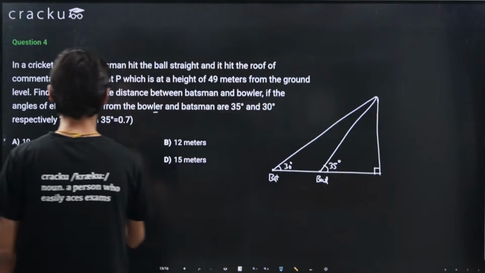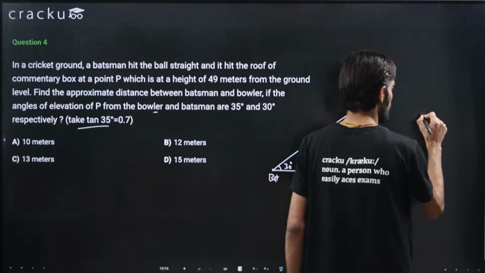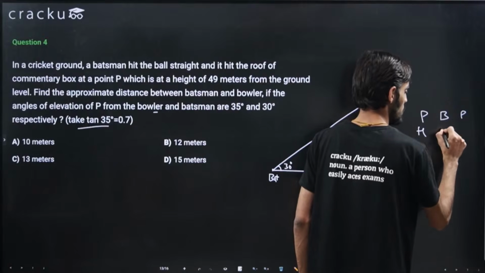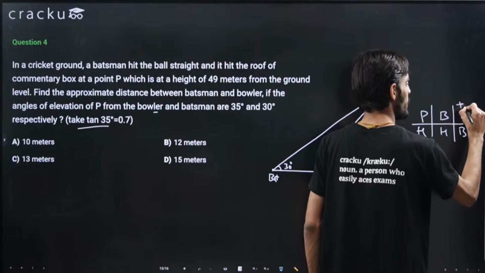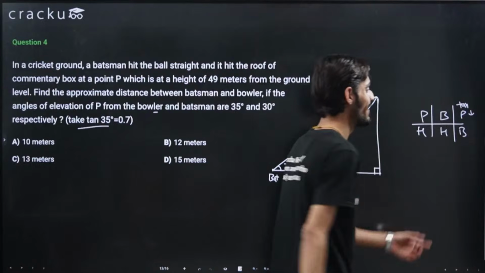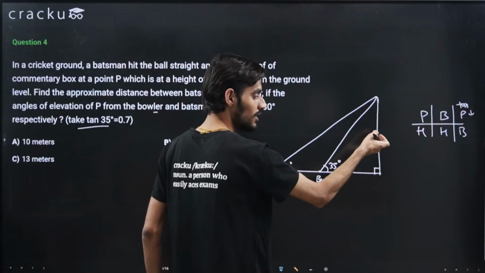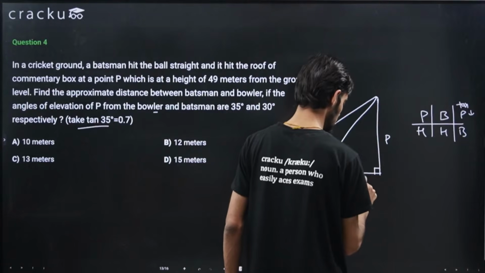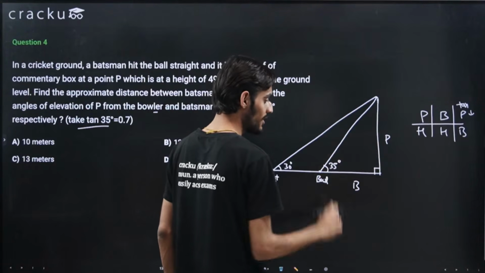Now we are given that tan 35 degrees is 0.7. Again, using the same, tan is perpendicular divided by base. So we are talking with respect to this angle, so perpendicular will be opposite here, like I explained, right? So this will be perpendicular, this will be base, and the side opposite to right angle is always hypotenuse.